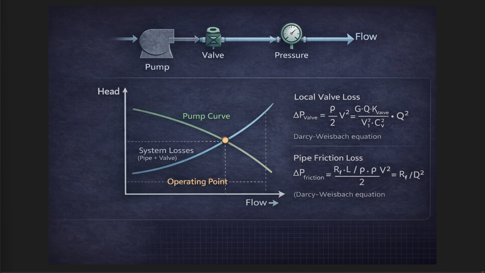The pump itself is represented by a simplified pump curve. This curve describes how the pump head decreases as the flow rate increases. The pump model is based on simplified pump performance curves derived from typical pump datasheets.